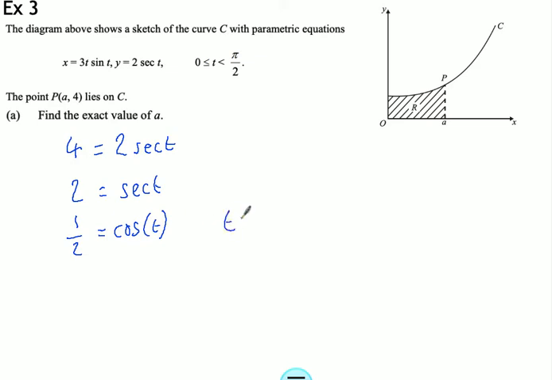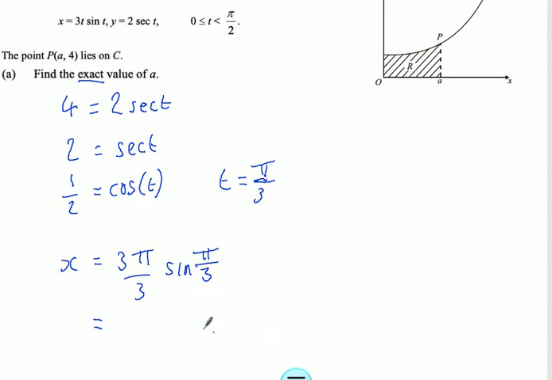So t is pi over 3, and if t is pi over 3, then x, we want the exact value, is 3 pi over 3 sine pi over 3, which is... sine pi over 3 is root 3 over 2, 3 pi over 3 is pi, so it is pi root 3 over 2. Okay, so we have that value of A.